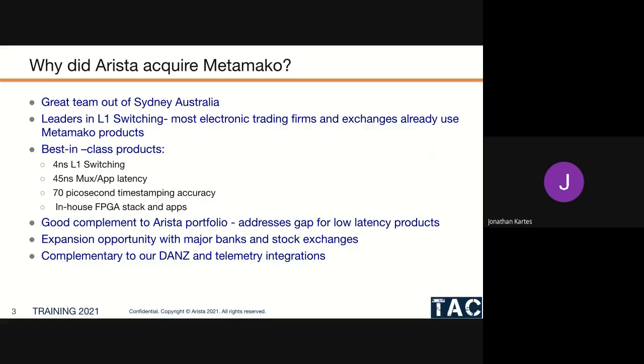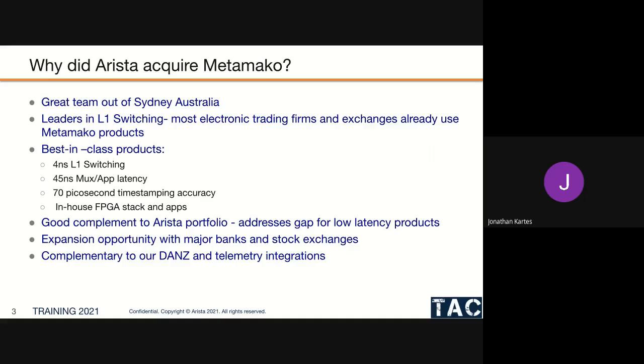I'm not going to talk too much about applications today, but the other major reason why Arista picked up the MetaMako platform was, well, they're a great team based out of Sydney, Australia, and I work with these guys all the time. They really are a great team. They also developed applications for FPGAs that can be installed in the switch.